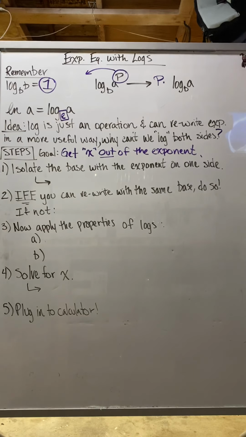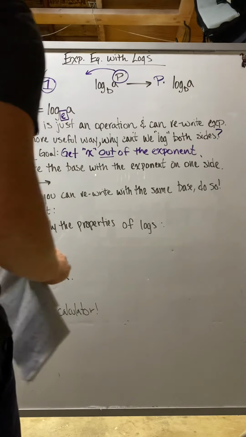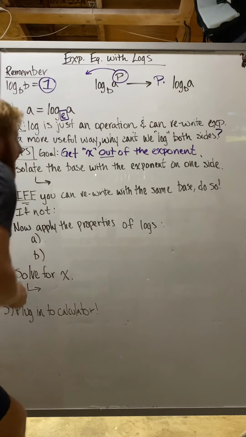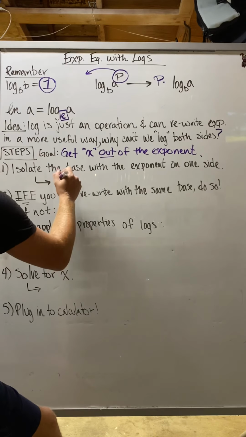So here's the steps. The first thing that you're going to need to do in these exponential problems, and they might not always need you to do this, but if it's not done already, then you're going to have to do it, is you want to isolate the base with the exponent on one side. Okay, so what we are trying to make happen is something like this.